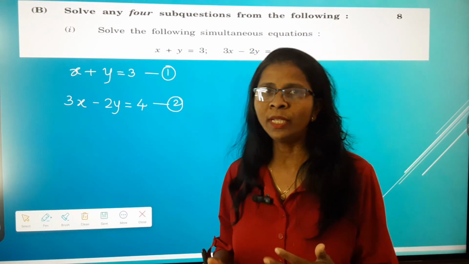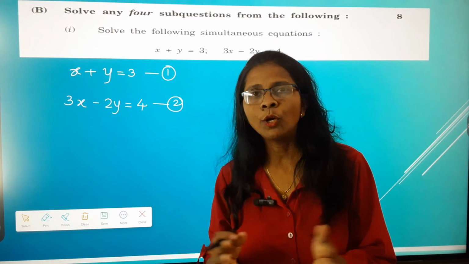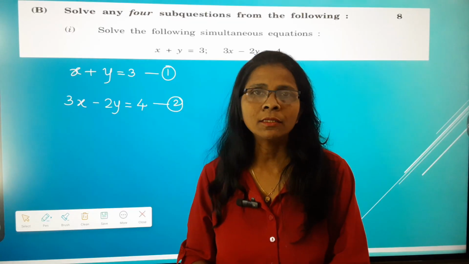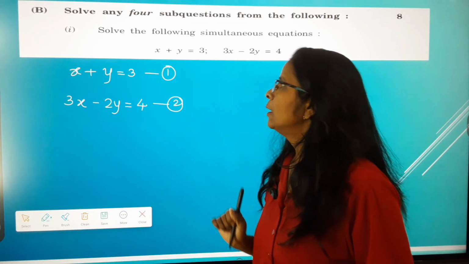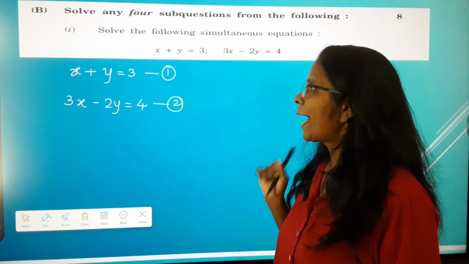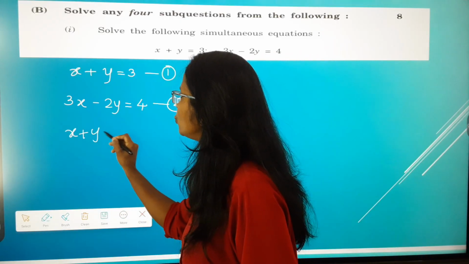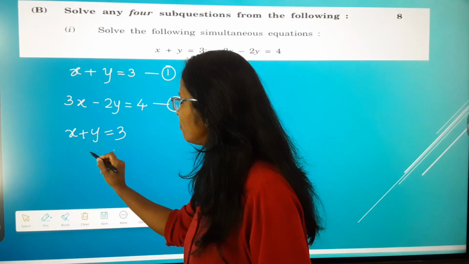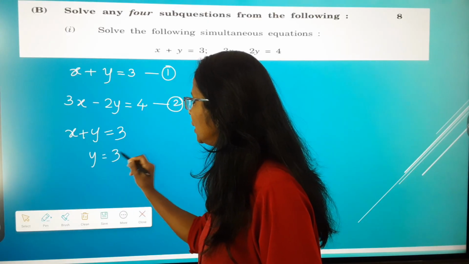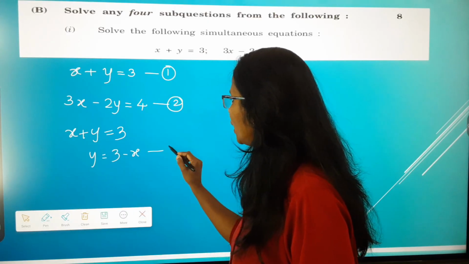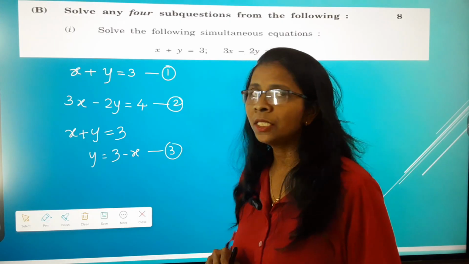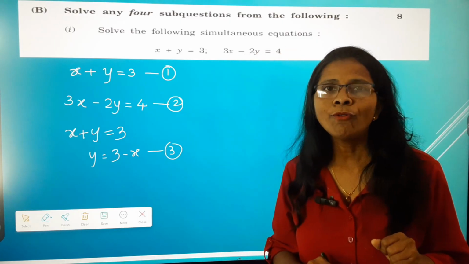There are 2 or 3 methods to solve this simultaneous equation, but I use the substitution method. From x plus y is equal to 3, y is equal to 3 minus x. Call it the third equation. I get the value of y.